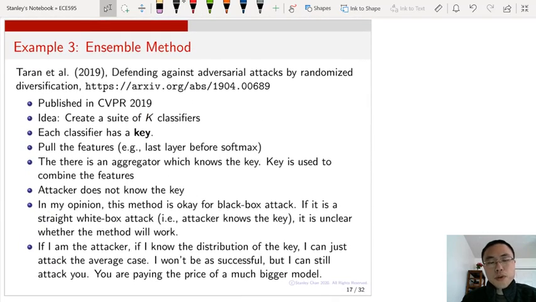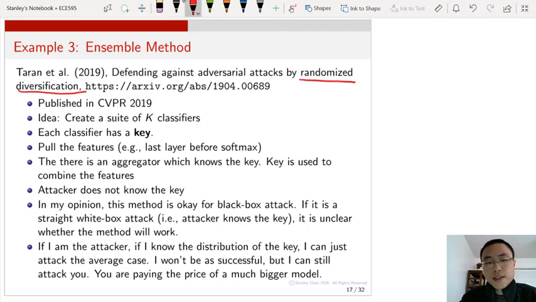The third example of randomization is proposed by Taran et al. in 2019. The idea is to defend against the adversarial attack using something called randomized diversification.